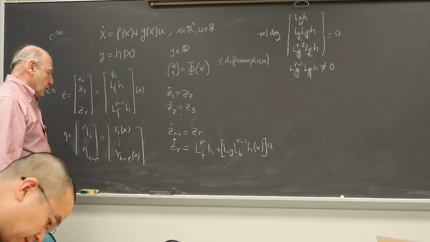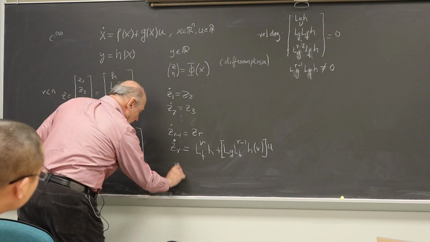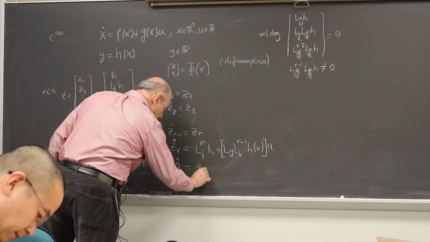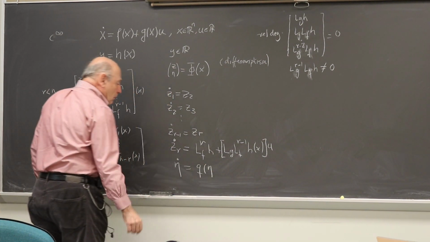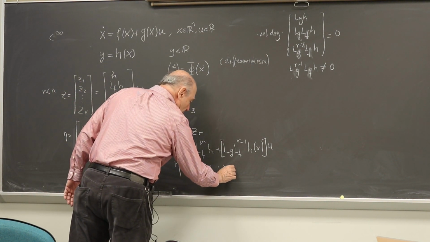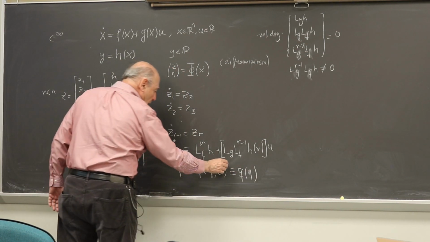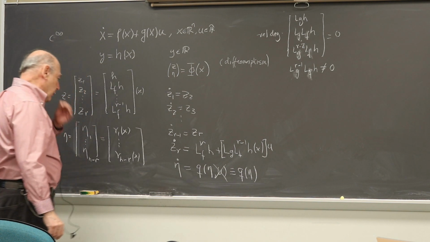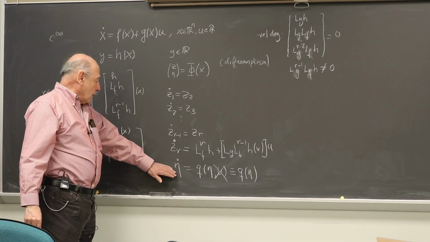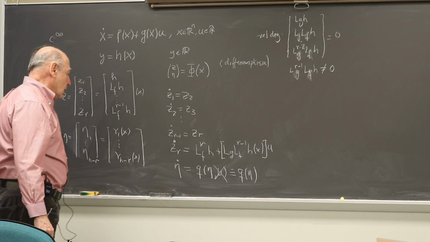So that will be the structure up to that point, and from there on, the equations will not have any particular structure. They will be just a nonlinear function of eta and possibly of u, because we can also eliminate that dependence on u if we want, by just choosing with enough freedom these n minus r coordinates, which are independent among themselves and also independent of these ones.